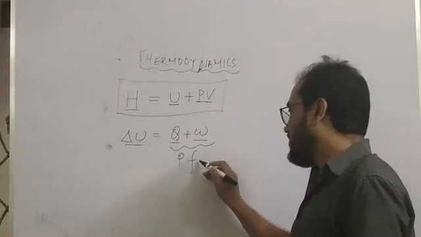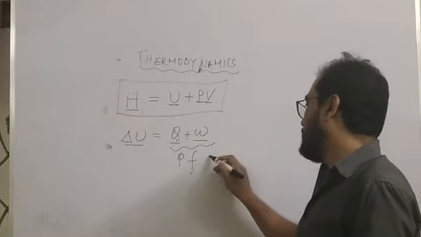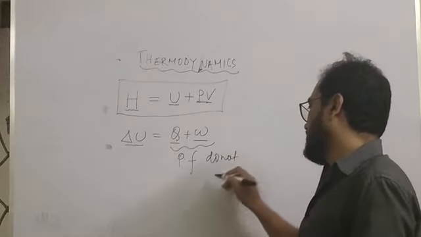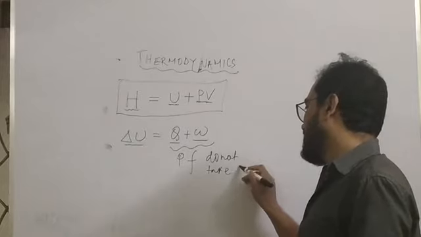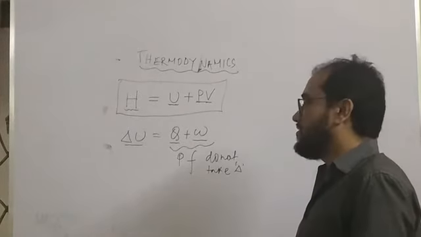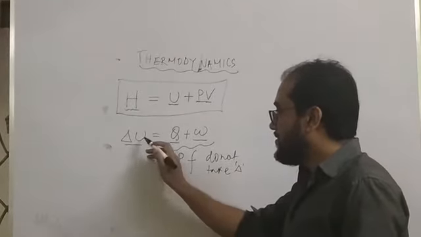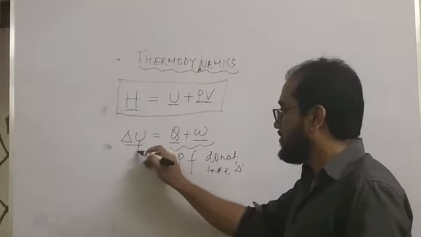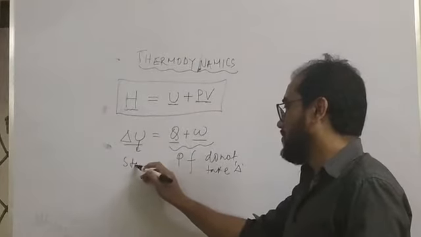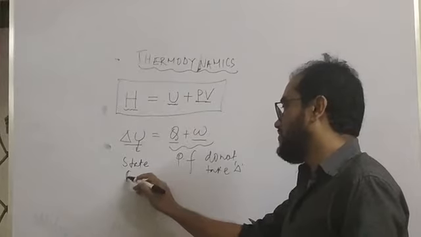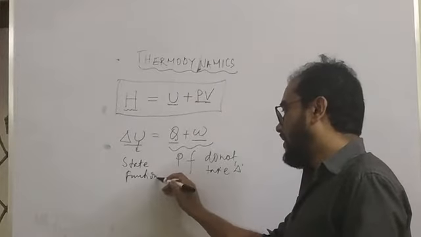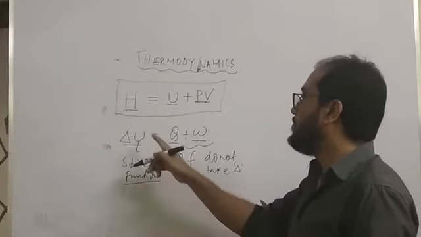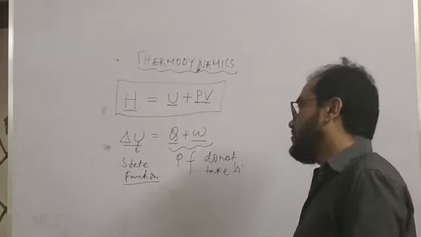Path functions do not take delta to denote their change. Why does this function take delta? Because this is a state function. We all know what a state function and a path function are. My motto is to show where this came from.